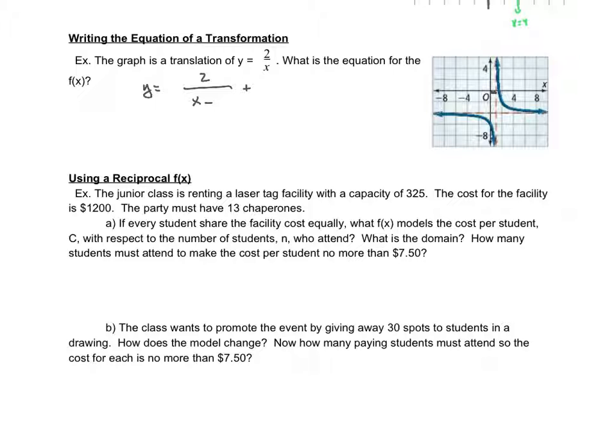So it looks like h is going to be 1, and then it has been shifted down 4, so it's going to be -4. So there's the equation for that parent function right there, and it has been translated right 1, down 4.